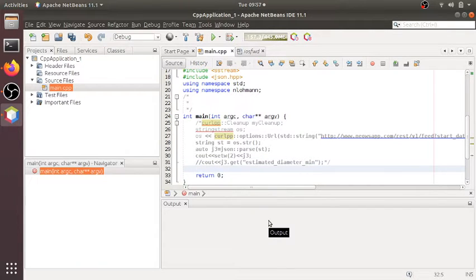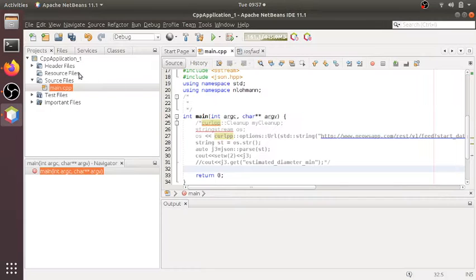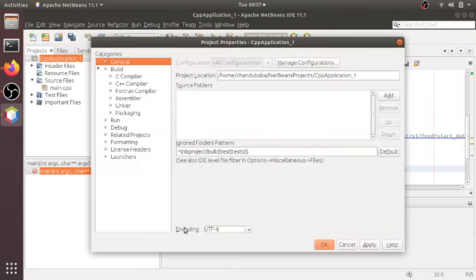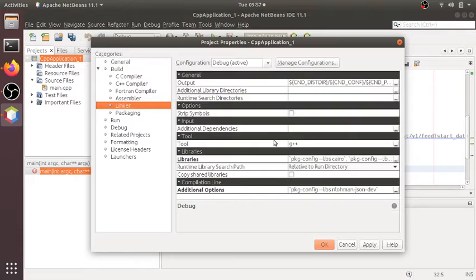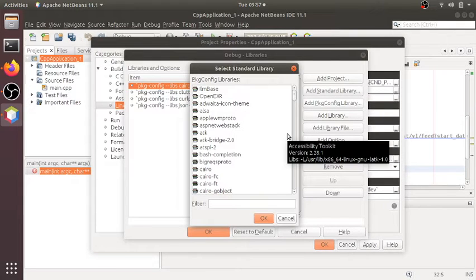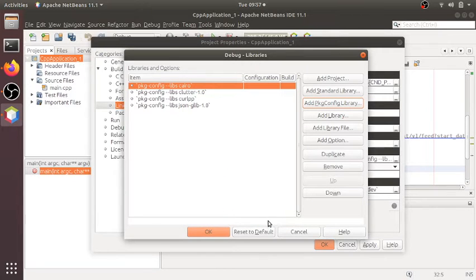Maybe I'll need OpenCV headers for this. Let's set OpenCV for this one. Properties, Linker, Libraries, OpenCV.